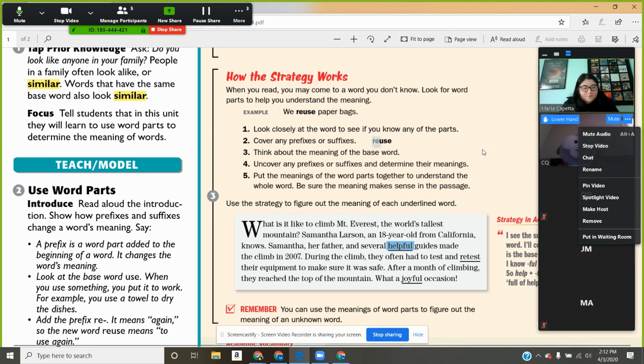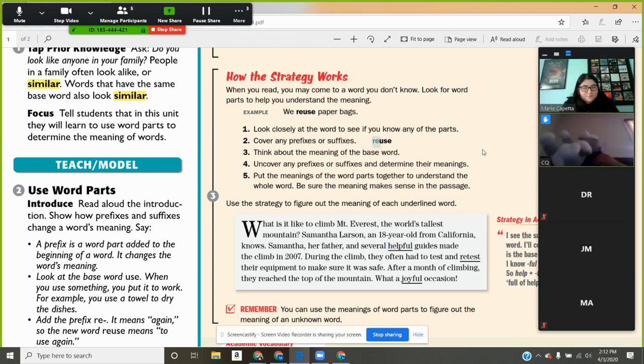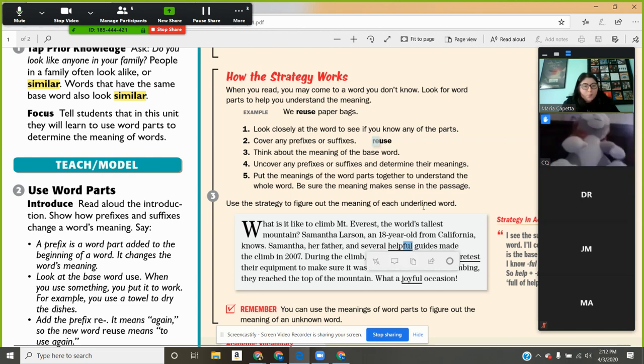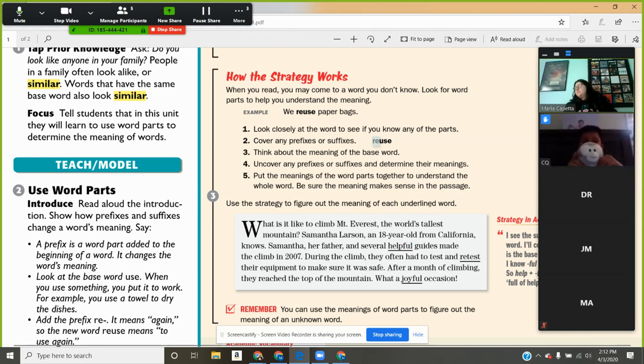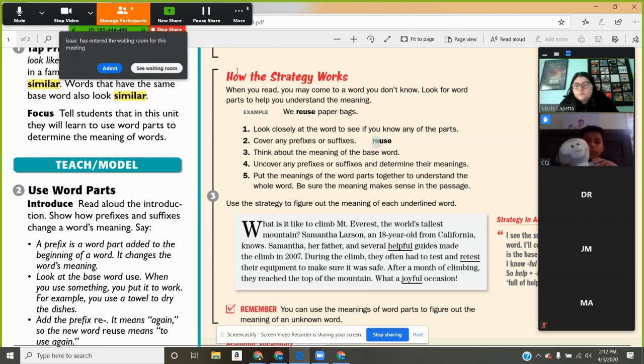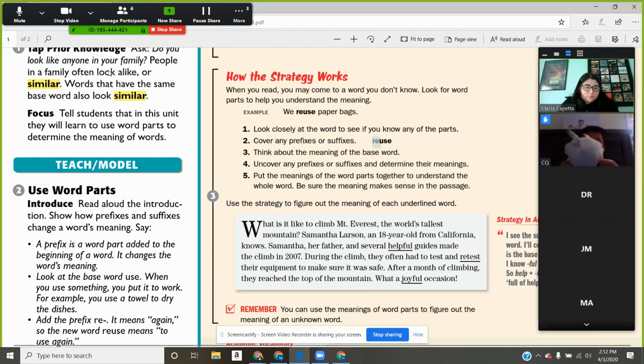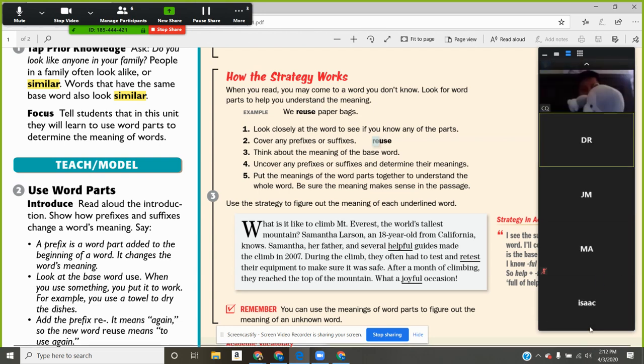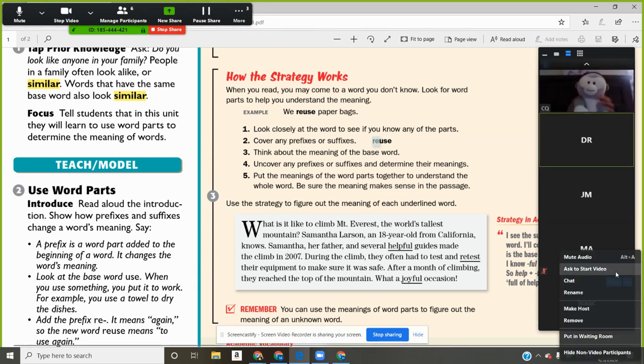Christian, do you have a question? Dana, this word helpful. If I got rid of the full, what word is left? Help, right? What does it mean to help someone, Dana? Yeah, right.